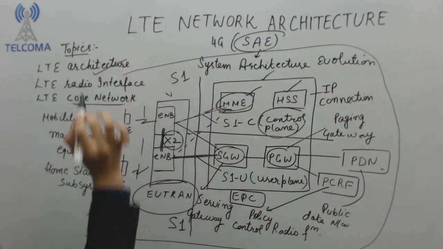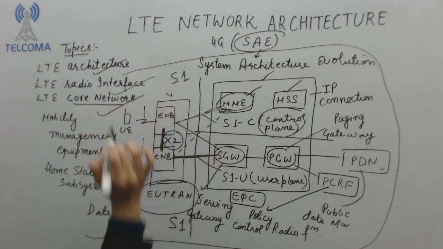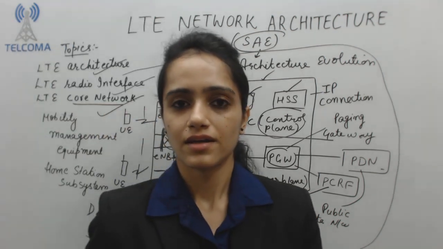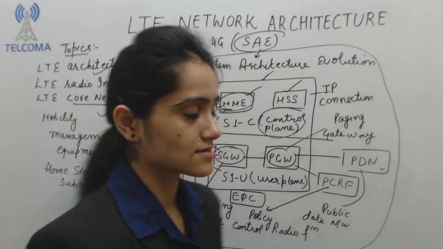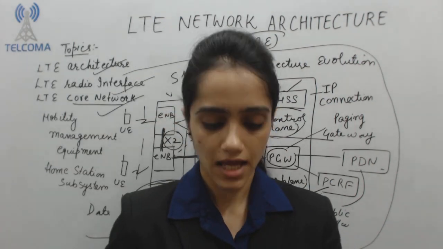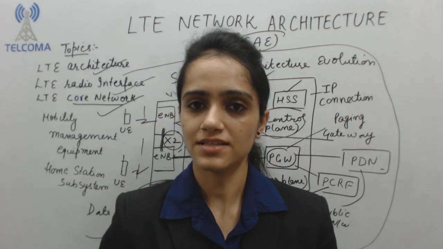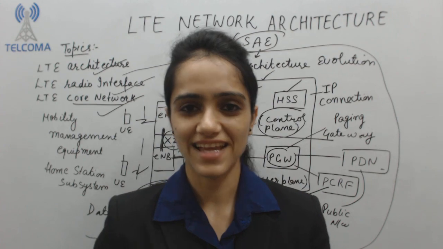So in this class we have covered LTE architecture, interfaces, radio interface, and core network. After that we will discuss the functionality of each database and the internal interfaces. So this is enough for today. The rest we will continue in the next class. Thank you so much.